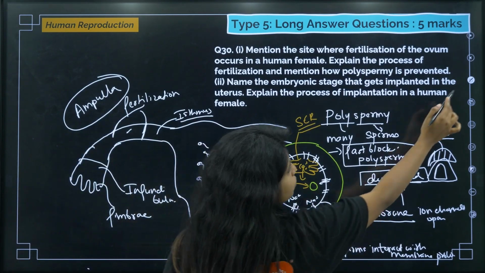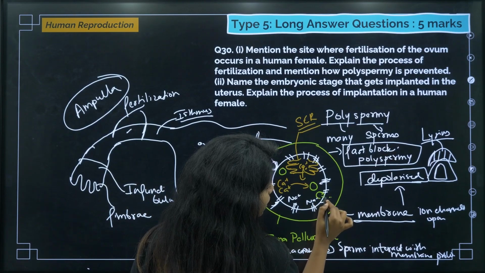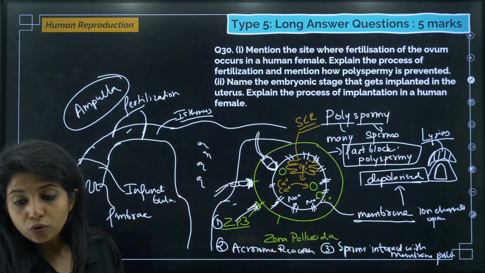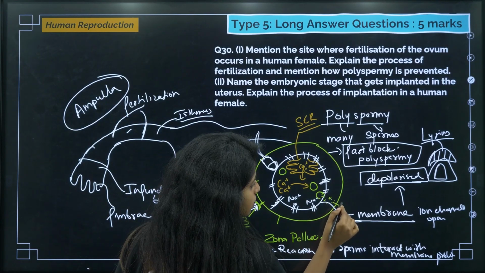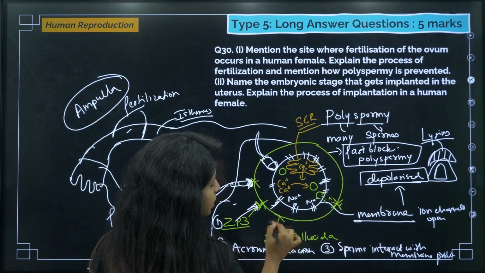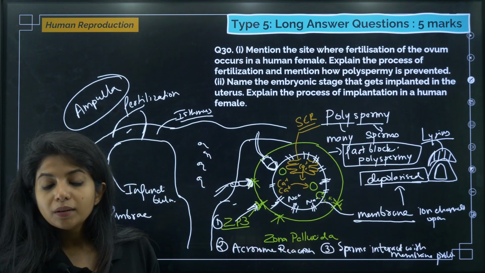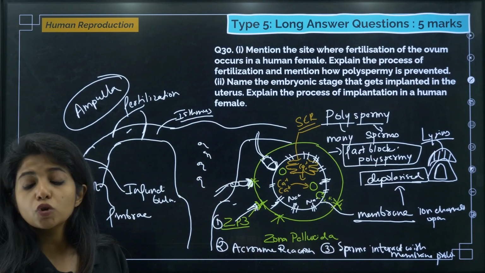So these granules will fuse with the membrane and release all the enzymes. These enzymes will cut all the ZP3 receptors, wherever there are ZP3 receptors. So basically, no other sperm can identify them and try to come inside. This is known as slow block polyspermy.